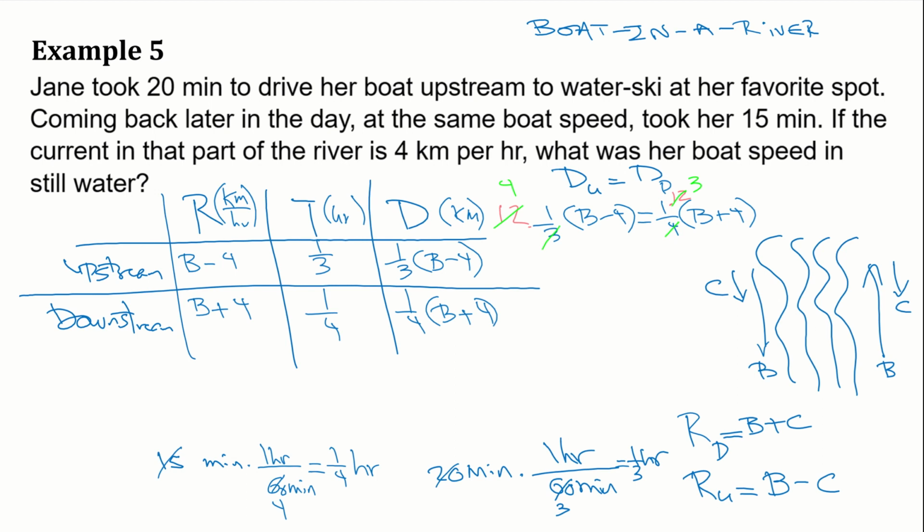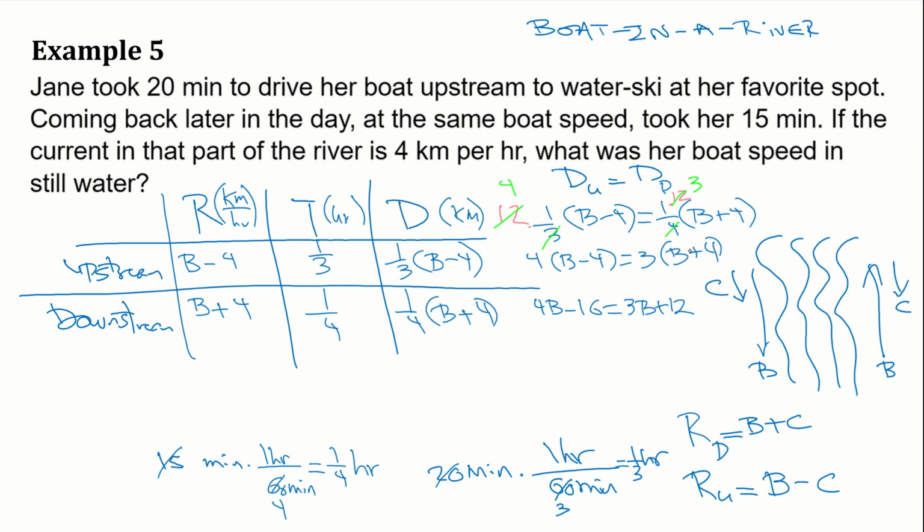So the simplified equation with no fraction is going to be 4 times B minus 4 equals 3 times B plus 4. So now we just have to go ahead and distribute. So we get 4B minus 16 equals 3B plus 12.